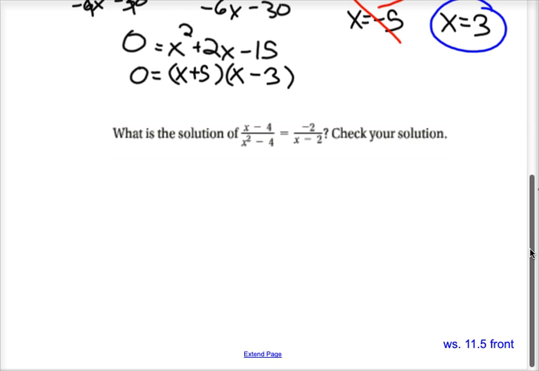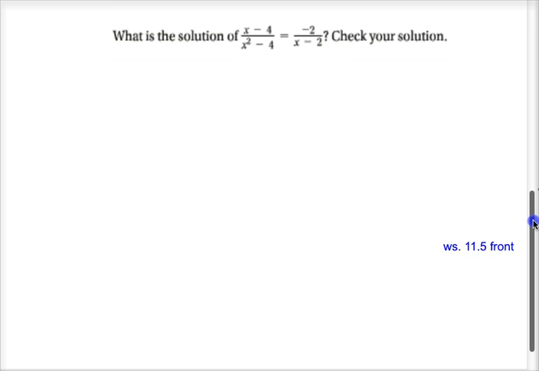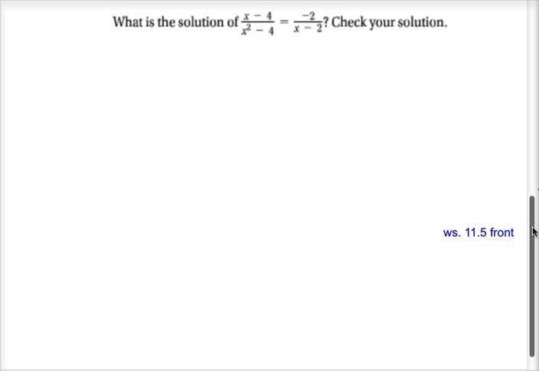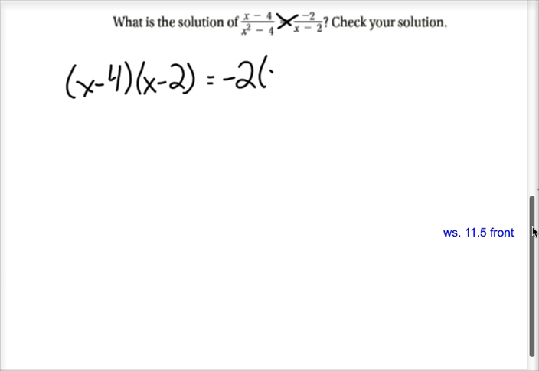So, I'm going to make a little bit more space by expanding the page. So again, we set up all of these exactly the same. Cross multiplication. So x minus 4 times x minus 2 equals negative 2 times x squared minus 4. And let's see what happens. So this side we can FOIL out.